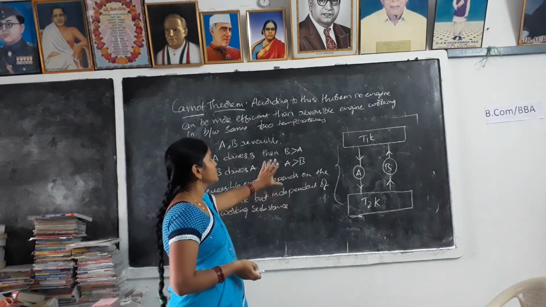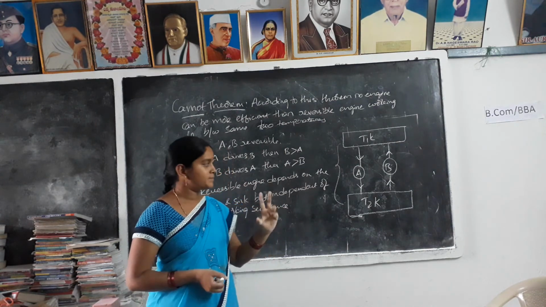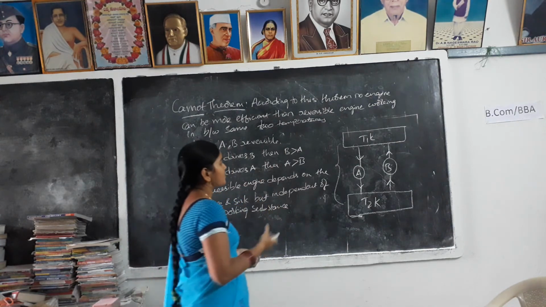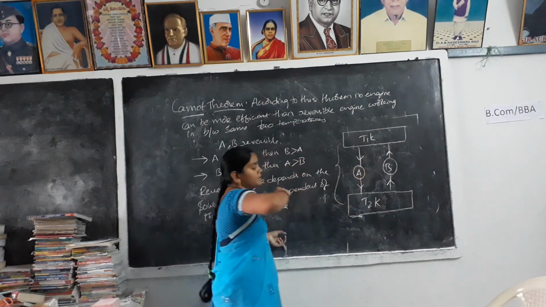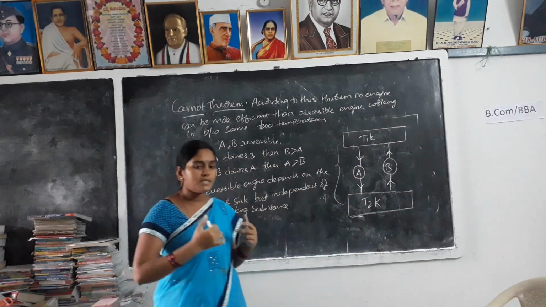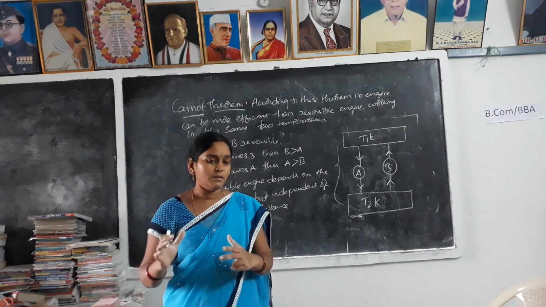So in order to prove it, at first we consider the reversible and irreversible engines in between the two temperatures. Some amount of heat is taken from the source and finally given to the sink. And in that case, we consider the efficiency of the irreversible to be greater than the efficiency of the reversible. Right?